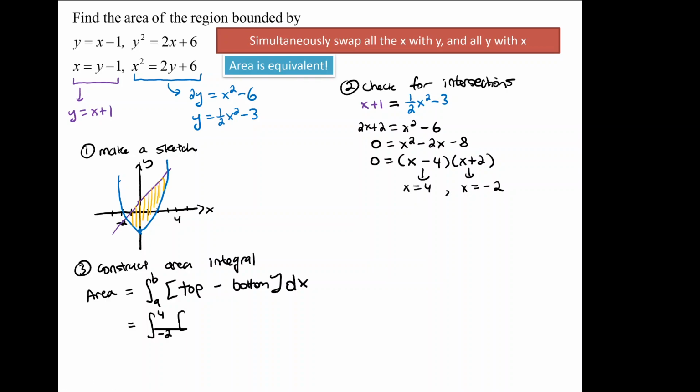The top curve is the purple one, the higher y value inside the region of interest. So x plus 1, minus the bottom curve, which is 1/2 x squared minus 3.